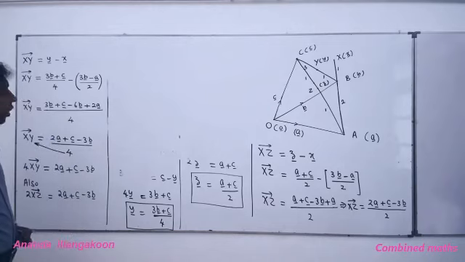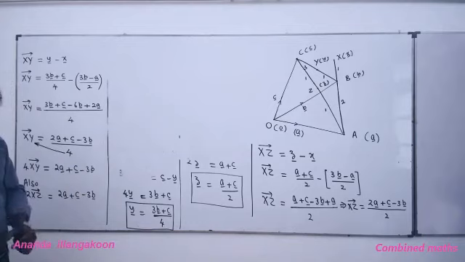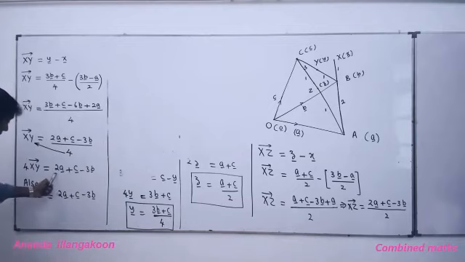So once you very carefully look at these two expressions here and here, you can see the same vector expression available here and here. In other words, this and this are equal. If these two are equal, definitely the left-hand sides should be equal.